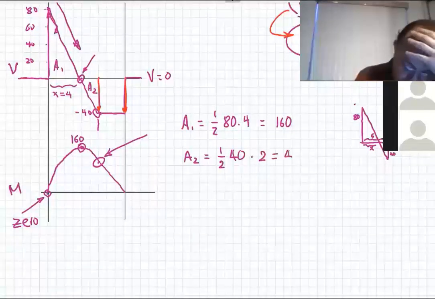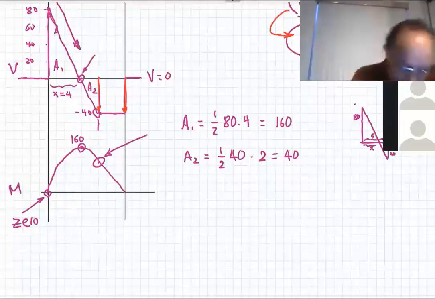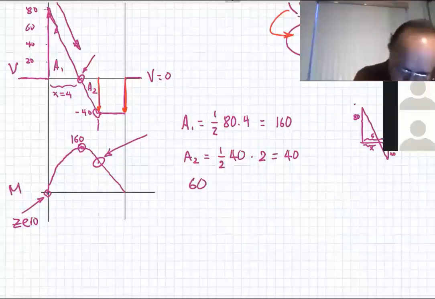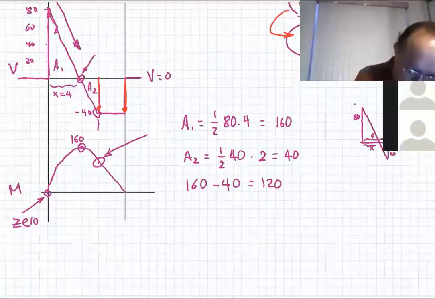So this is equal to 40. It's a negative area because I was at 160, so I have to subtract 40. So now I am at 120. So this point here is 120.